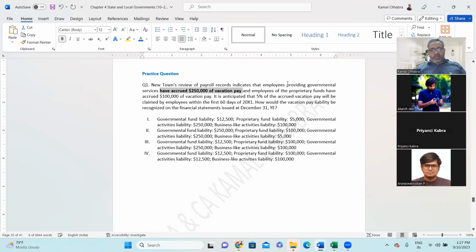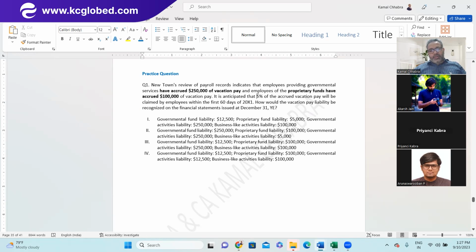Maybe I'm just highlighting the key pointers. It is anticipated that 5% of the accrued vacation pay will be claimed by the employees in the next 60 days, right? So how much do you need to recognize in the governmental fund liability? Governmental services, $250,000.